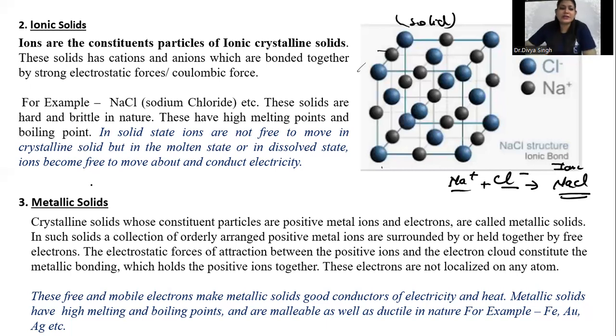So the next crystalline solid is the metallic solid. See, the name itself suggests it: when the entire solid is made up of positive metal ions, and a sea of valence electrons surrounds this metal ion lattice, then it is called a metallic solid.